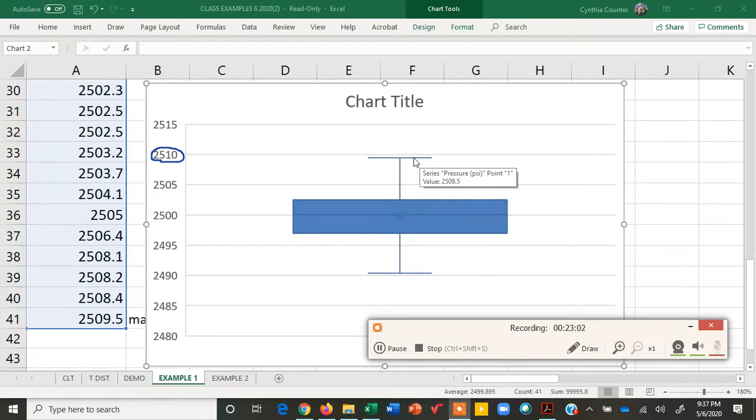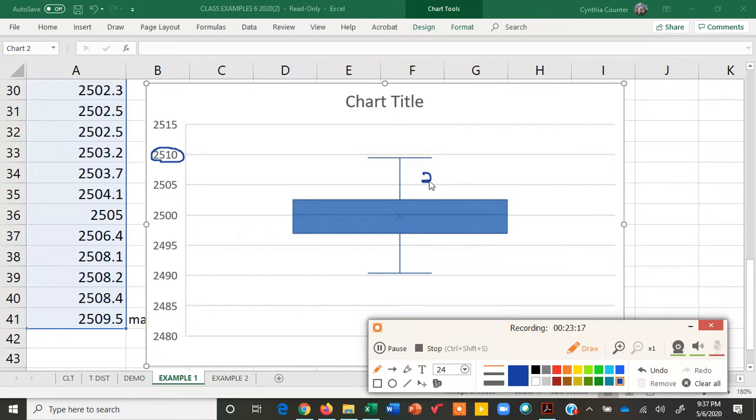So that is the maximum. What's in here is the top quarter, the top 25% of the data, the largest 25% of the data. So this is the top 25%. Down here, we have the bottom 25%.